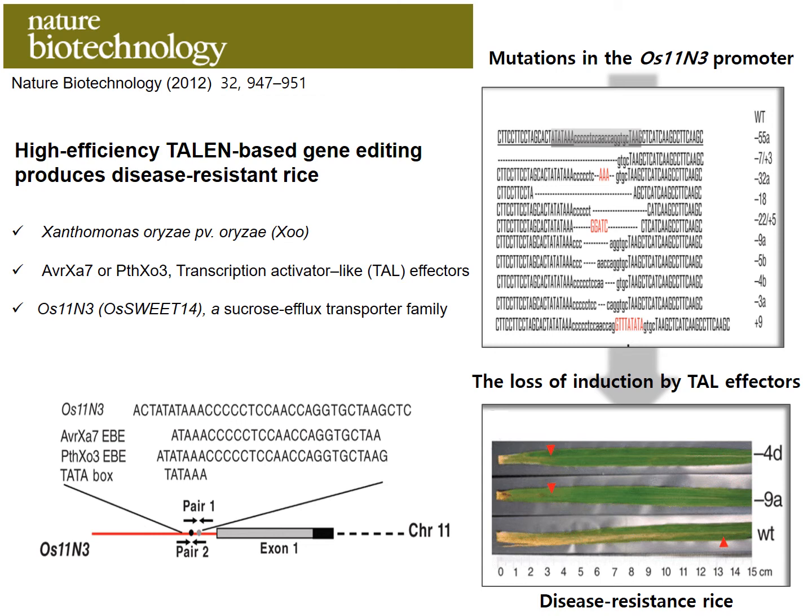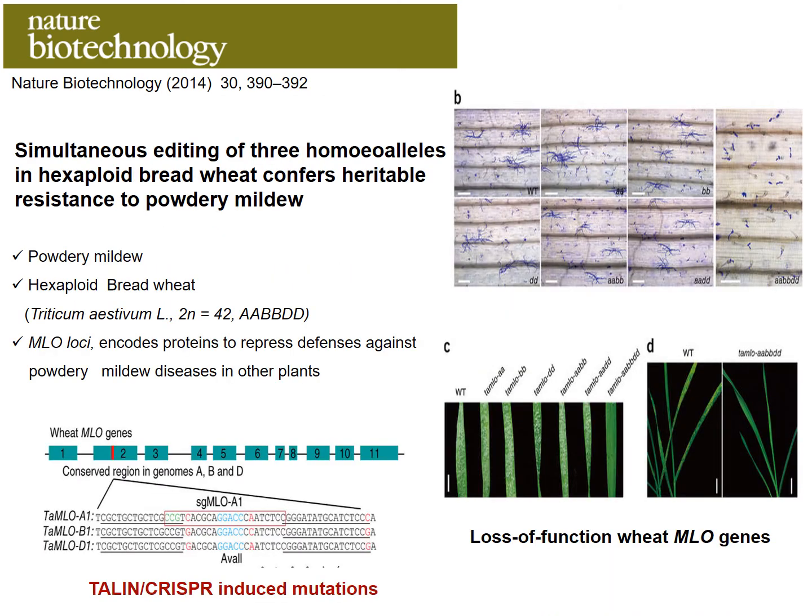In bread wheat, CRISPR-induced mutation causes loss of function of a gene encoding a protein that represses the defense against powdery mildew disease and other diseases in plants.